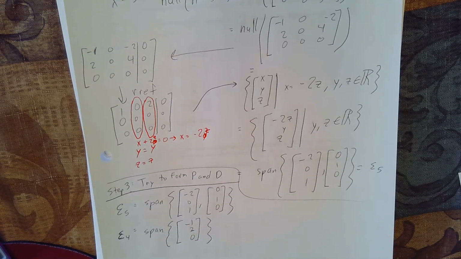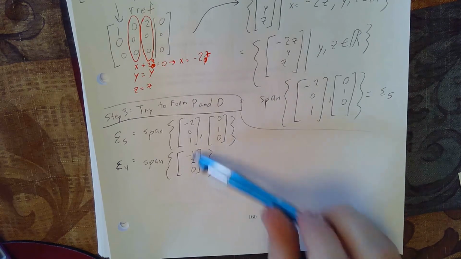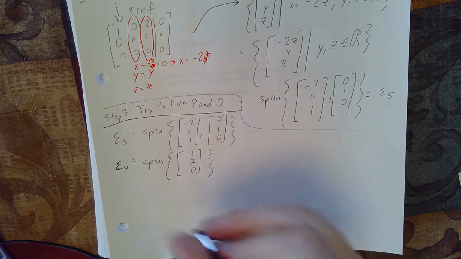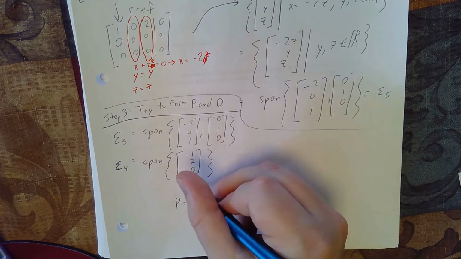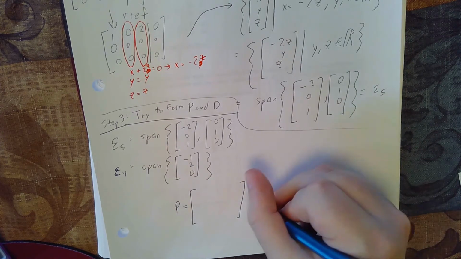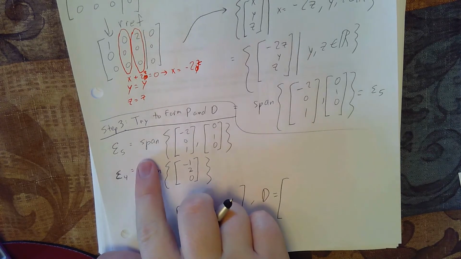So what we can do is find our P and our D. Because we have three linearly independent eigenvectors, we can do this by making P have the columns of eigenvectors and our D be our eigenvalues. So notice that 5 is repeated.